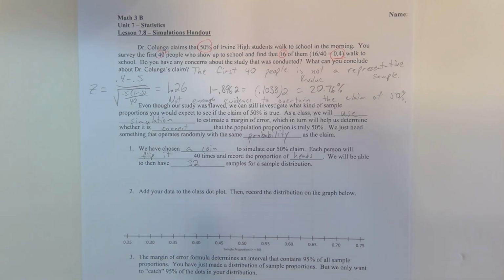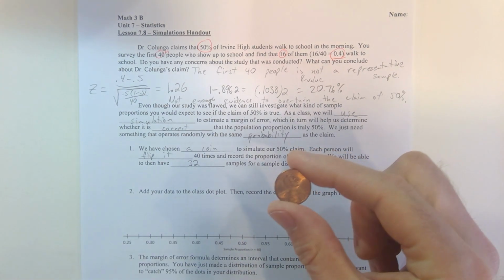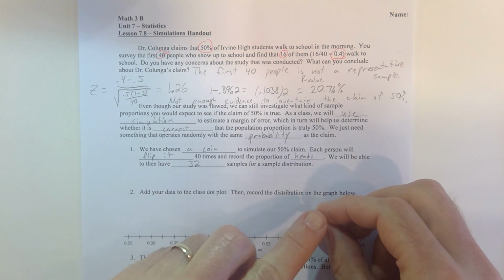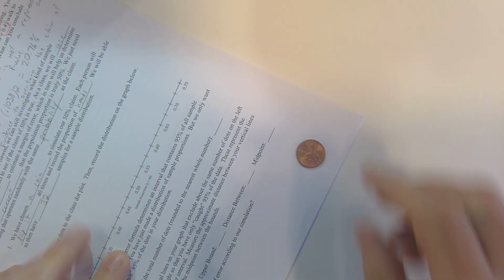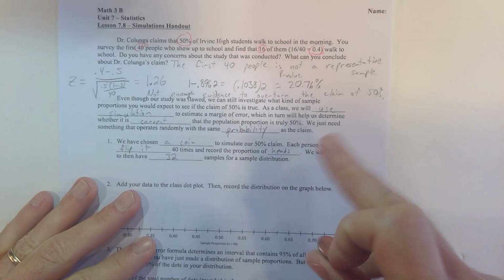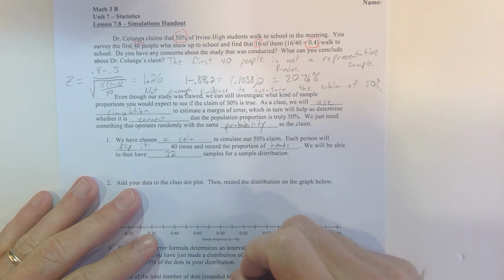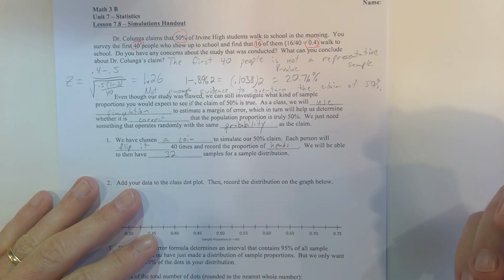Okay, so I've got myself a coin here. I'm going to flip it. I got heads, so I would mark that as heads, or in other words, the first person I asked walked to school.